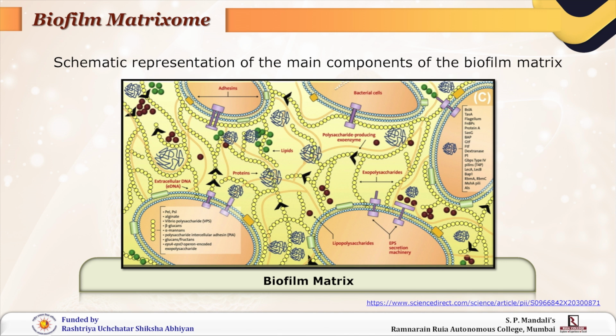Here is a schematic representation of the main components of the biofilm matrix and how they bind the bacteria together. Biomolecules that make the matrixome can be grouped into two major categories: those associated with the cell surface, which you can see here in the form of molecules like adhesins, and those which are secreted extracellularly, which you can see in the form of exopolysaccharides, proteins, extracellular DNA, RNA, etc. Those associated with the bacterial cell surface can also be molecules like flagella, the type 4 pili and also some functional amyloids.